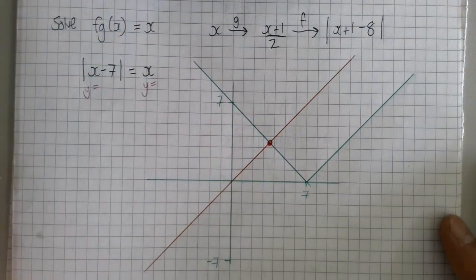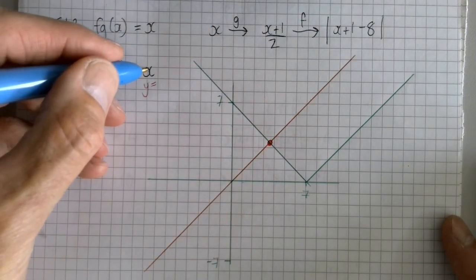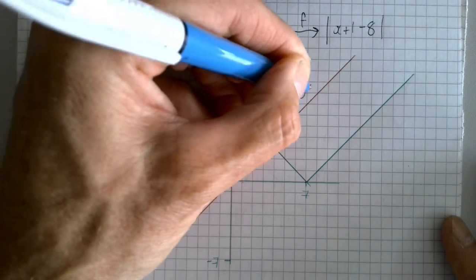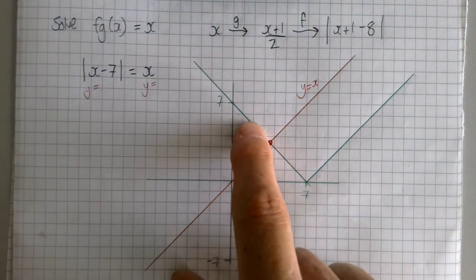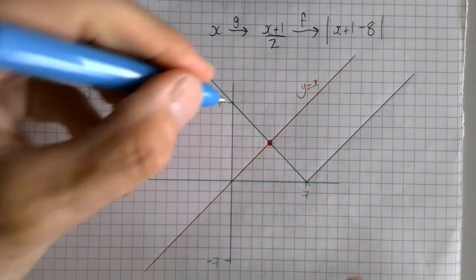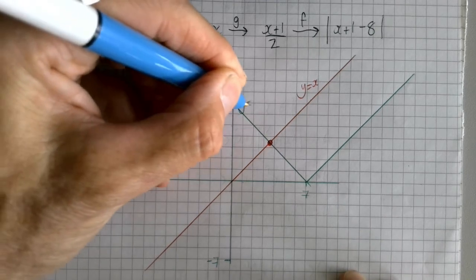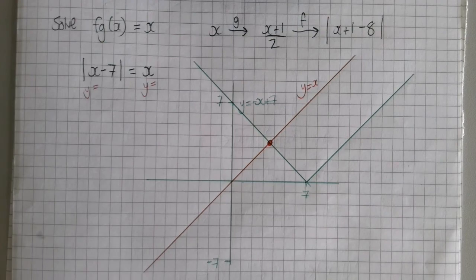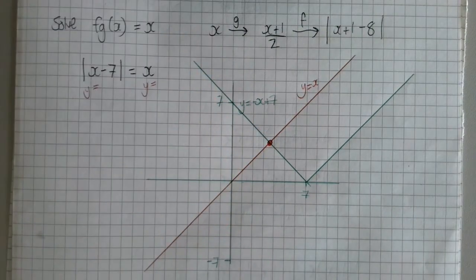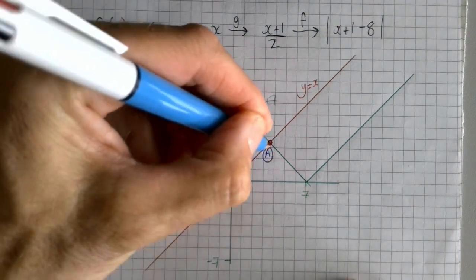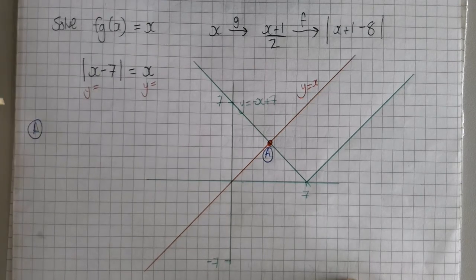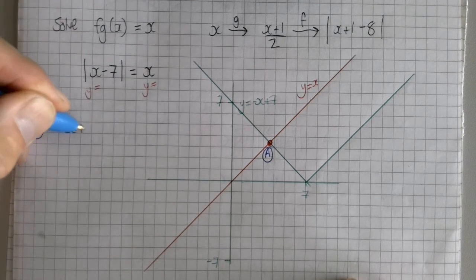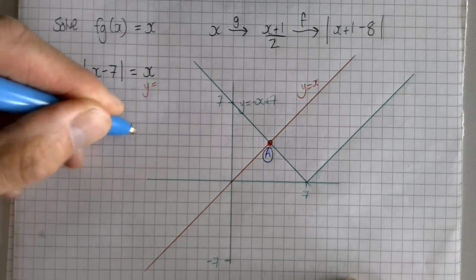So the intersection is where y equals x crosses the bounced section of the green line, which, if you remember, is the minus version. So that's minus x plus 7. So my solution, this point here, the only point, I'll call it A, but there's only one of them, is where minus x plus 7 equals x.